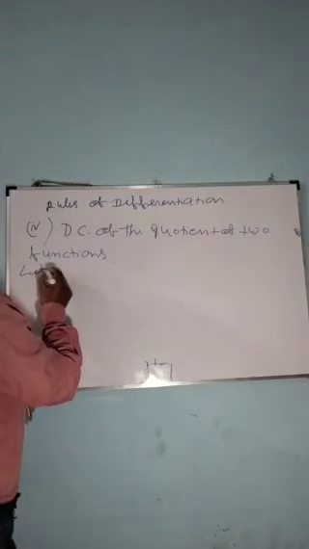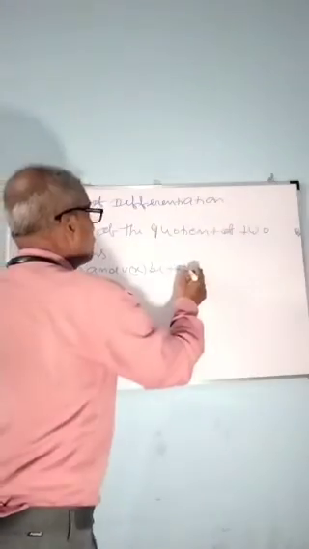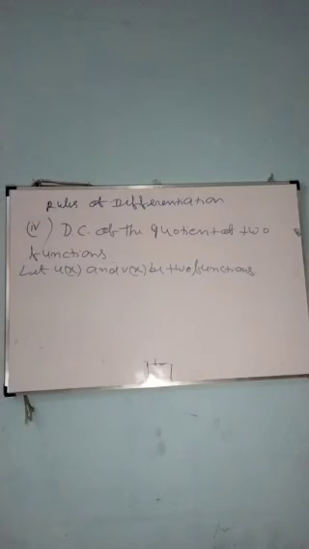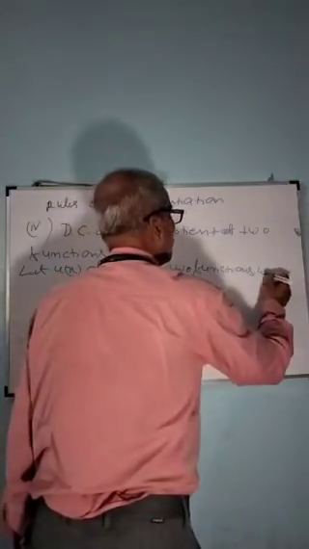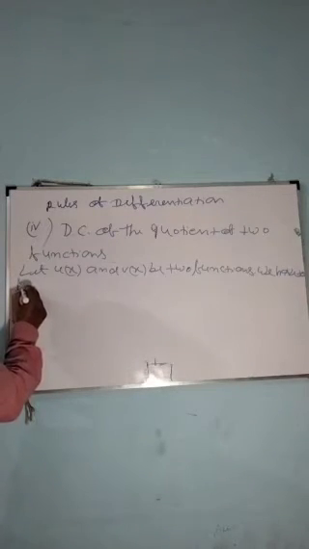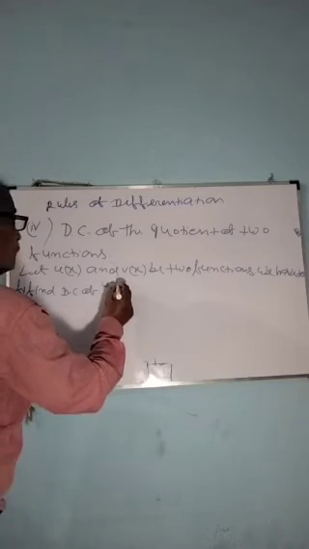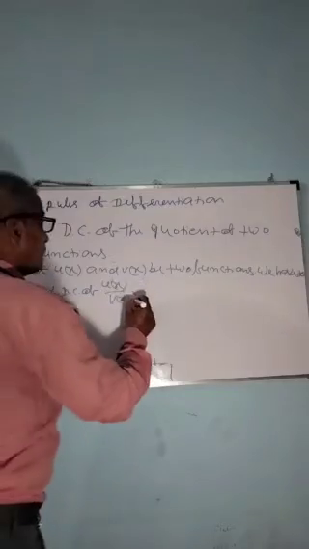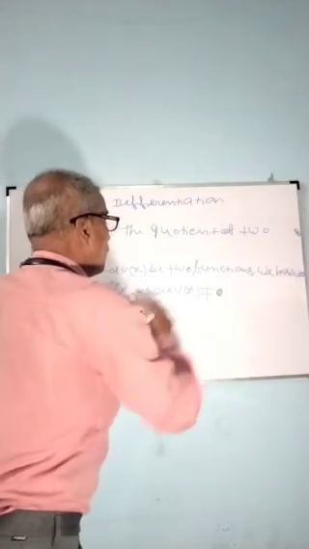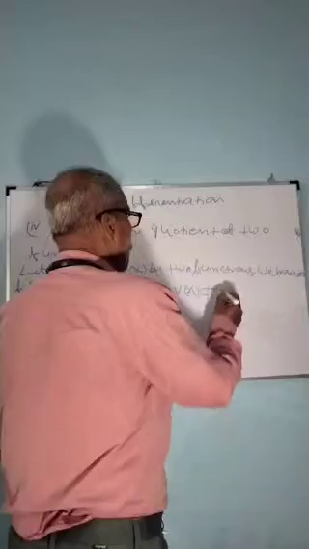Let u(x) and v(x) be two functions, we have to find the DC of u(x) by v(x), where v(x) should not be 0.